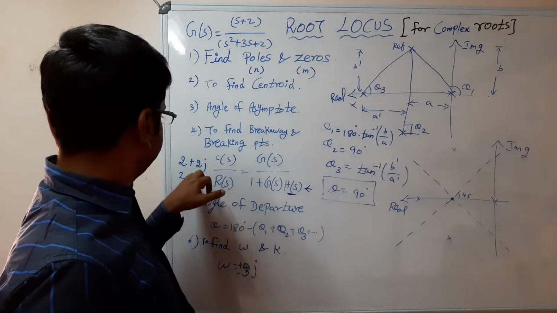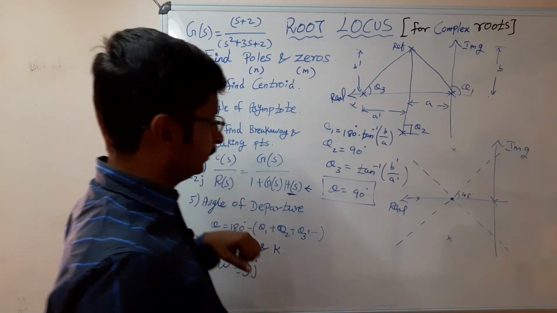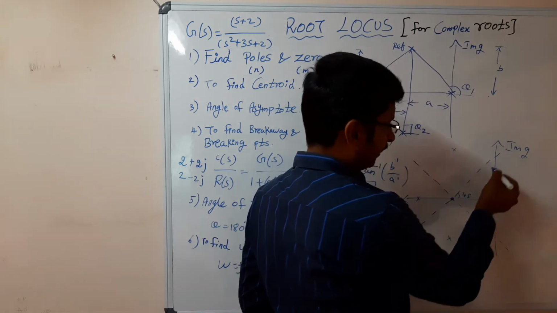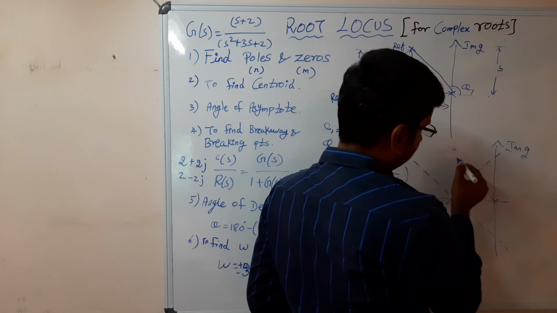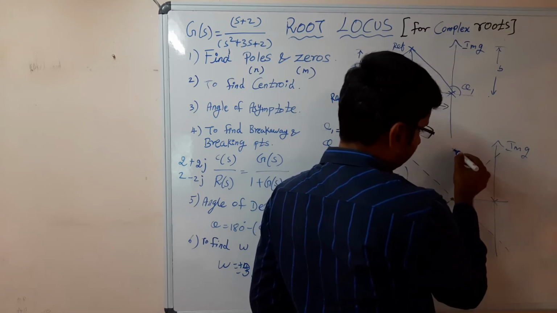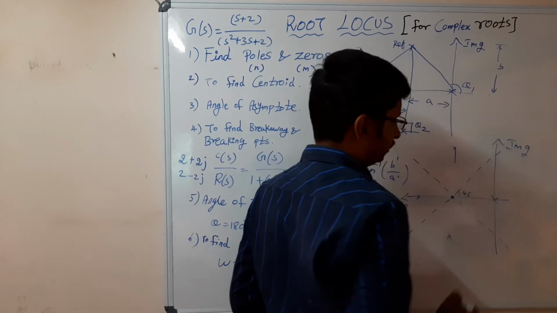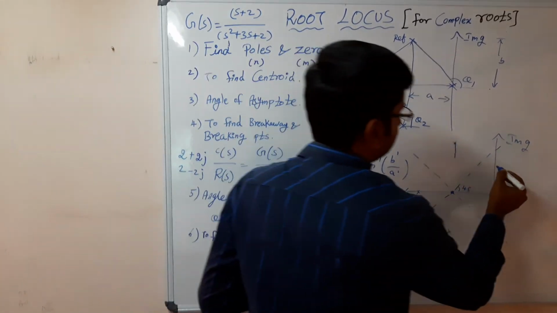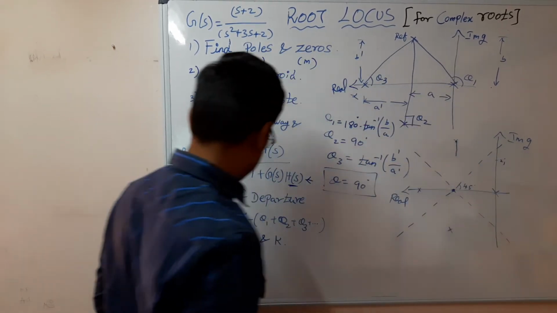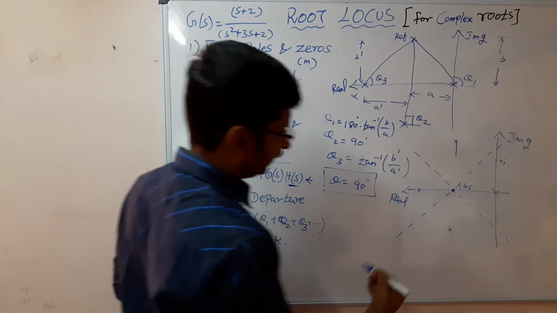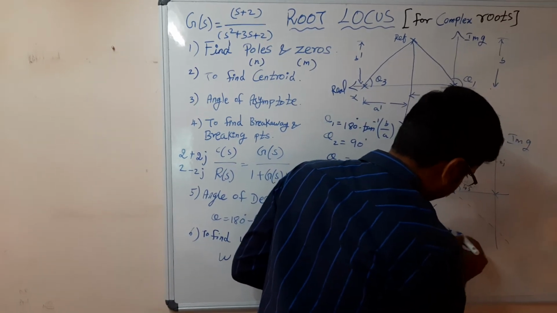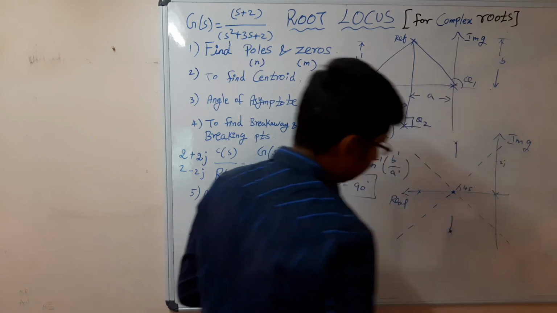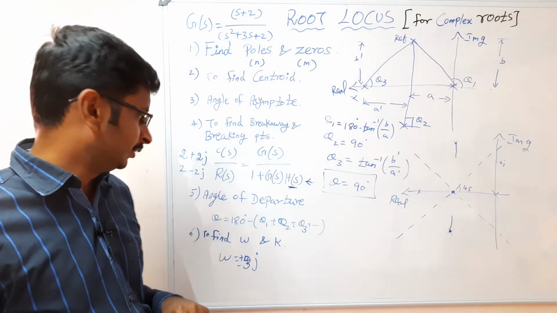And the fourth step is 2 plus 2j as your actual breakaway point. This is the value of 2 on the real axis and 2j here. From this point till this, your breakaway point flows. And on the negative side also, this is minus 2j, from here to this point your path may travel.